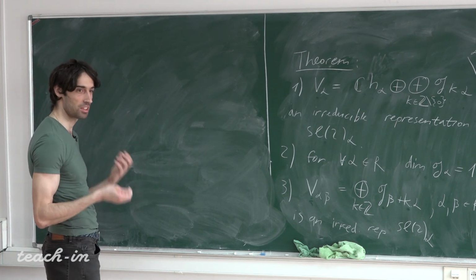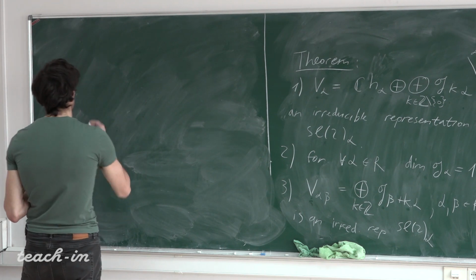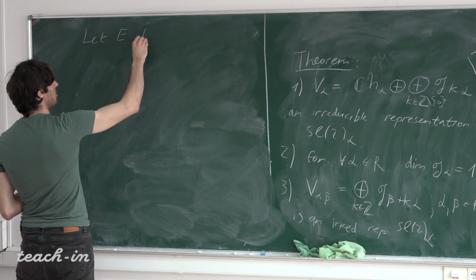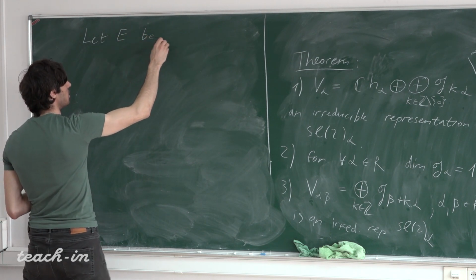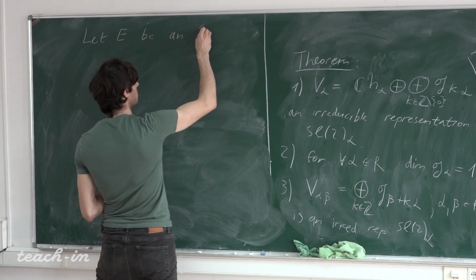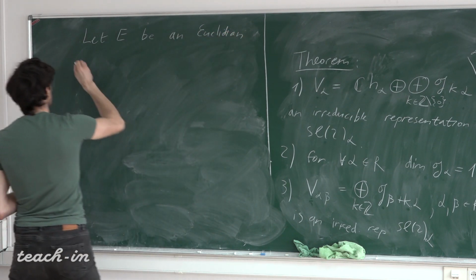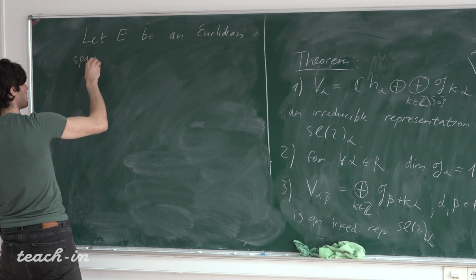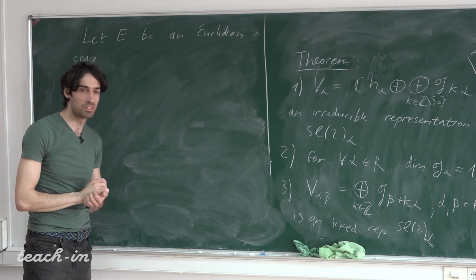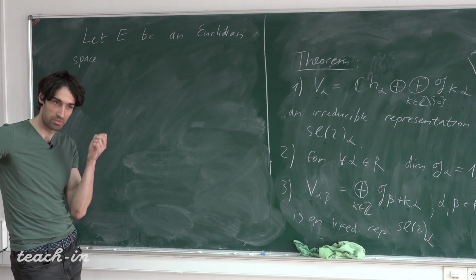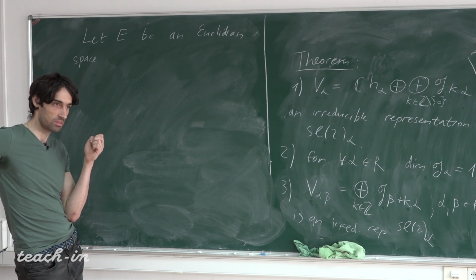So you start with a Euclidean space. So let E be a Euclidean space. What does it mean that I have Euclidean space? You have a non-degenerate inner product on a real space.